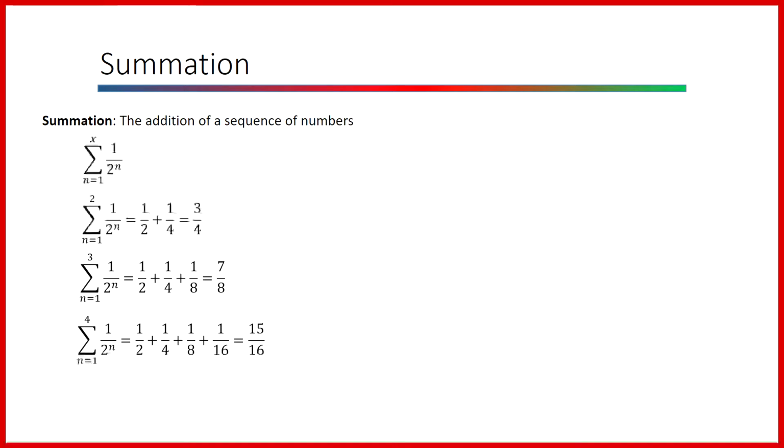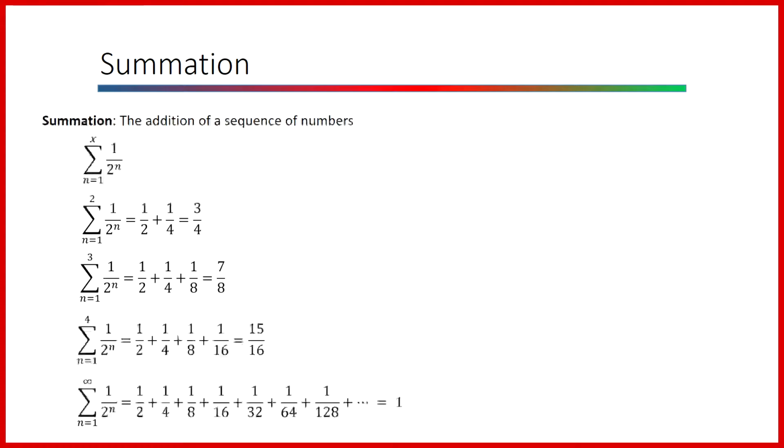If you're paying attention, each time we add another number, we get half of the way closer to a value of 1. 3/4 is 1/4 away from 1, and 7/8 is 1/8 closer. 7/8 is then 1/8 away from 1, and 15/16 is 1/16 closer. This pattern actually continues forever. So as we take an infinite sum, we move closer and closer to 1. So the sum from n equals 1 to infinity of 1 over 2 to the n equals 1.